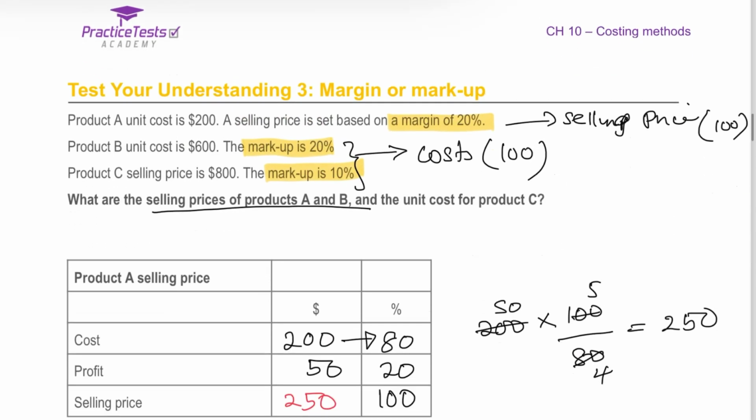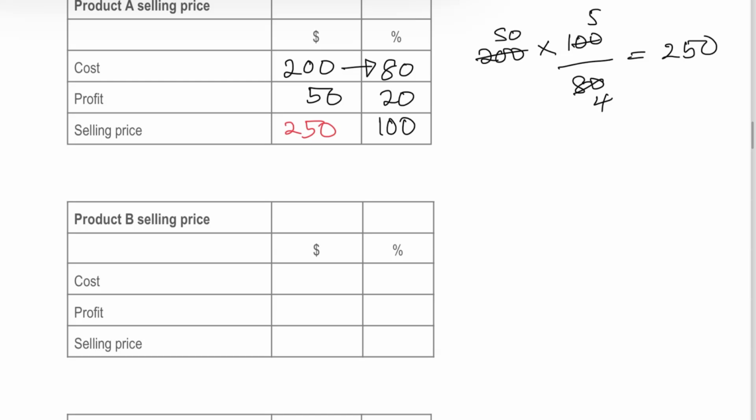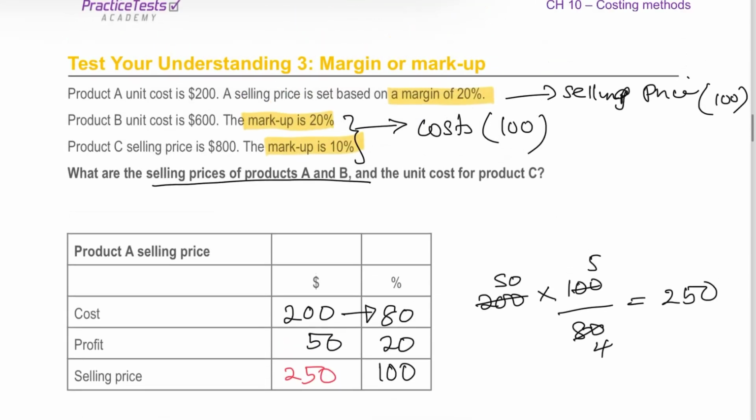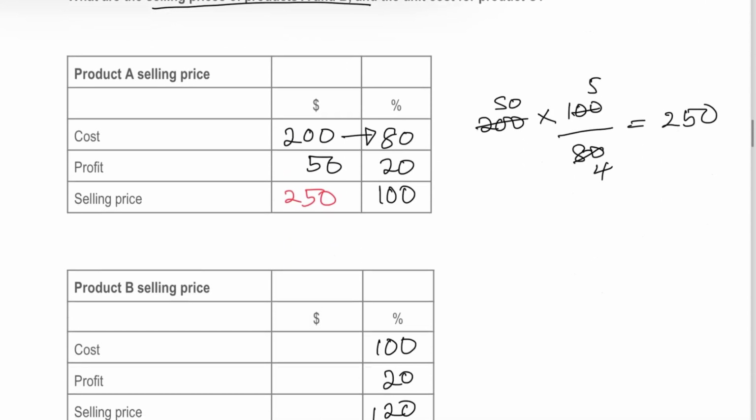Then if you look at the second one, it's based on a markup of 20%. That means cost will be 100. Profit will be 20. Total will be 120. And we have been given the unit cost of 600. So how do we do this? We need to find the selling price. So selling price represents 120.